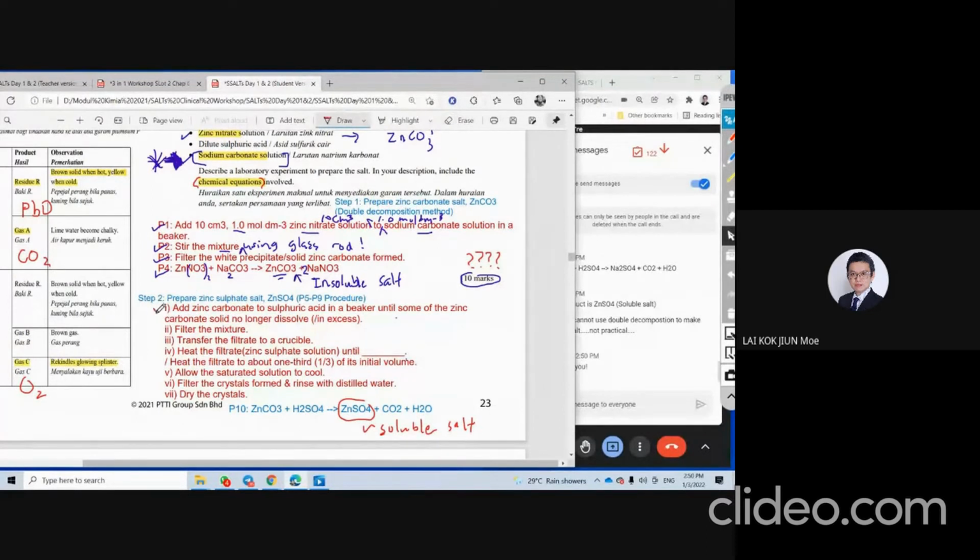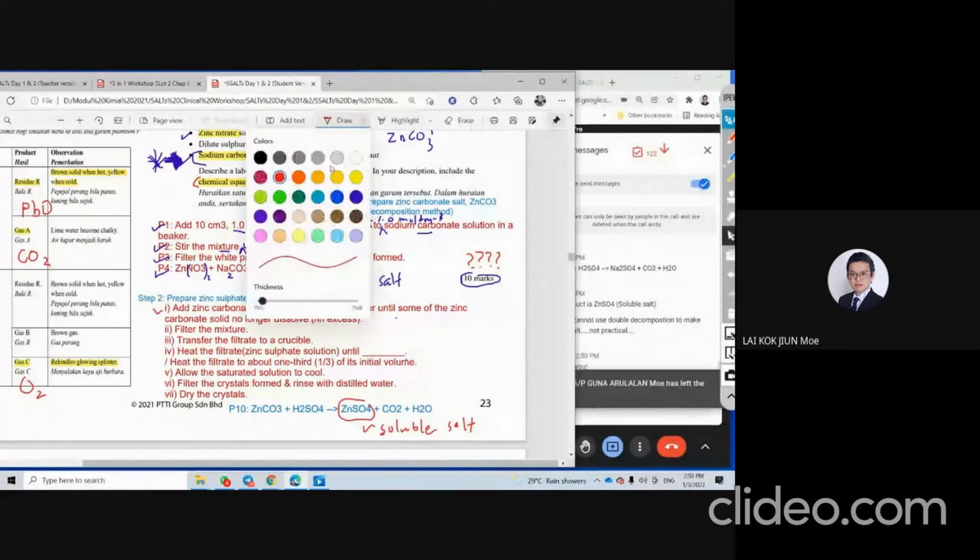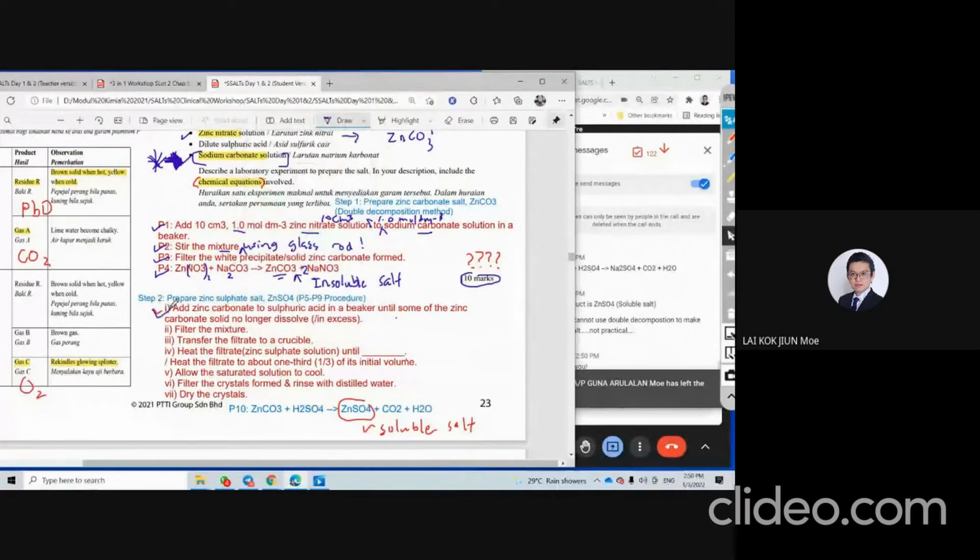Very easy. Continue adding the zinc carbonate to the sulfuric acid until some of the carbonate solid no longer dissolves, or you can say excess. No problem for this sentence.